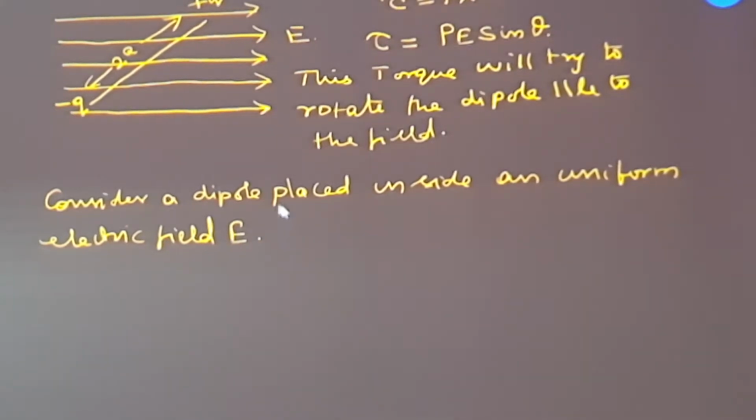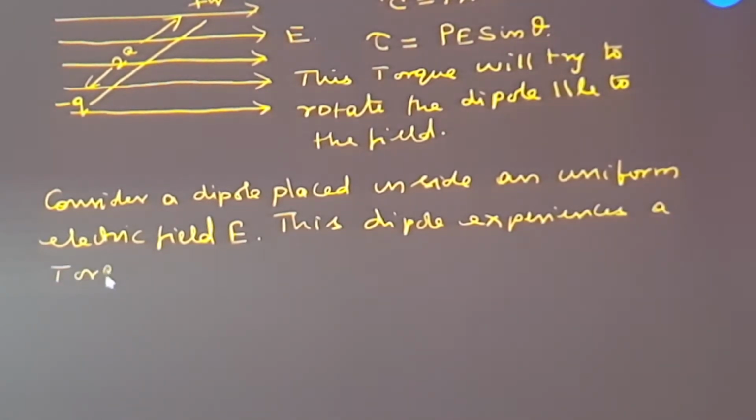This dipole experiences a torque, as I told in the previous case. The magnitude of the torque produced, tau, is equal to PE sin theta.